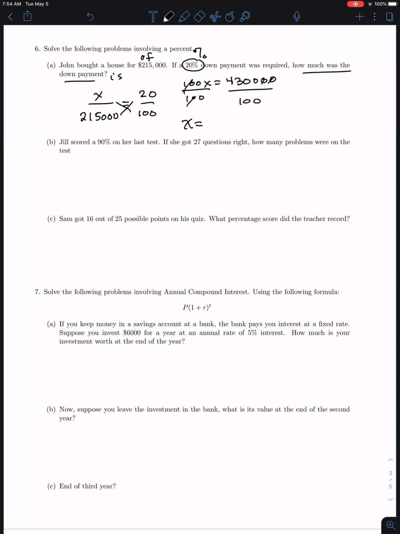These zeros just cancel out, so we end up with x equals $4,300 as our down payment. Now another way you could do this is just multiply 0.20 times 215,000 and you'll get the exact same thing. So I'll leave it up to you guys, whichever way you want to do. All right, so I'll let you finish off 6, B, and C.